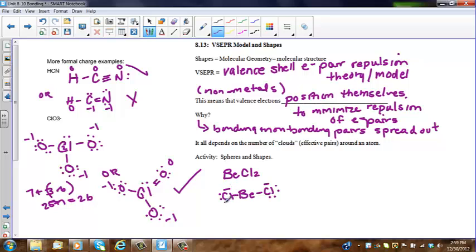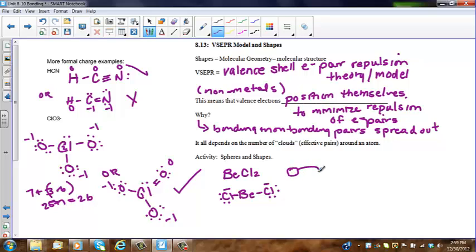And oh, my electrons got smushed together there, sorry. Those are 2 electrons. So you've got a total of 2, 4, 6, 8, 10, 12, 14, 16 electrons.